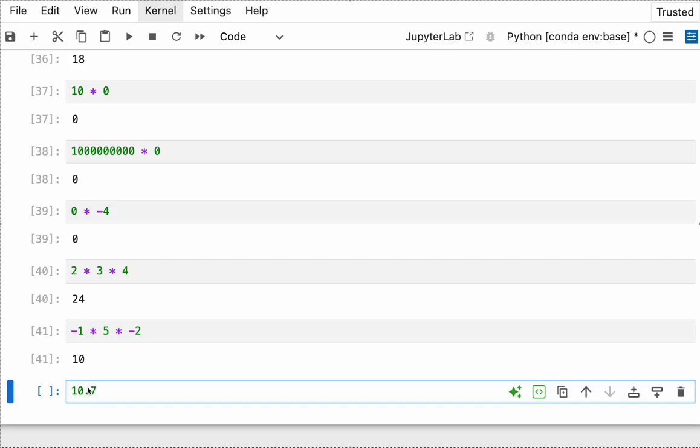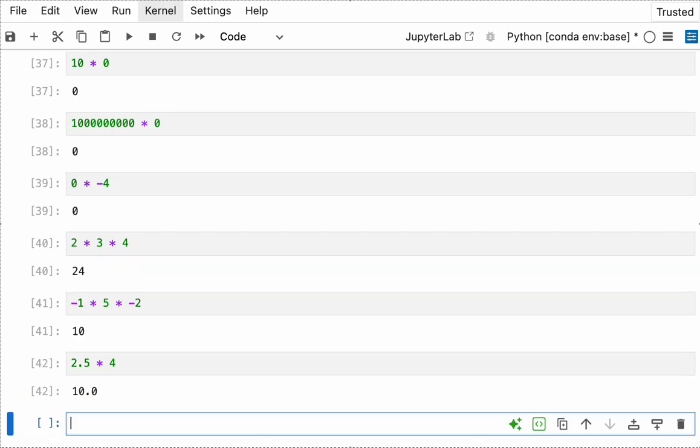But for now, you just use a number like that. So let's say we do 2.5 times 4, and we run it. Can you guess the answer? We get 10.0 because we are using a float, and so the answer we are getting is also a float.